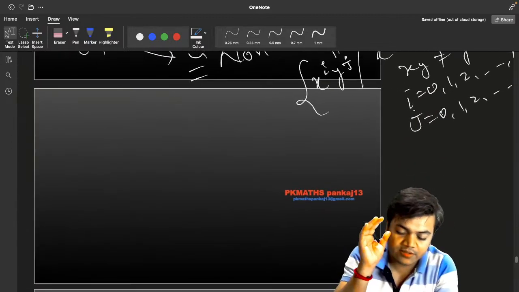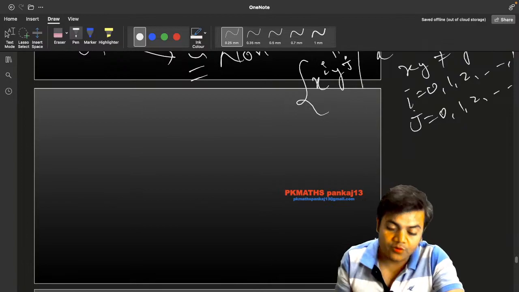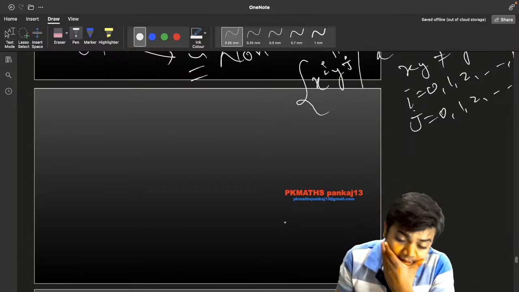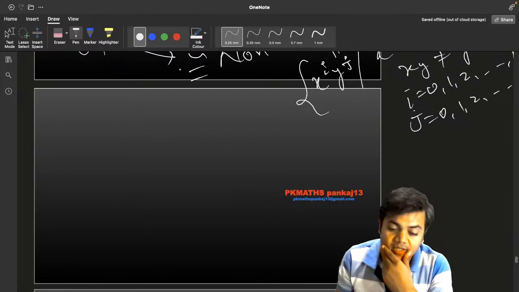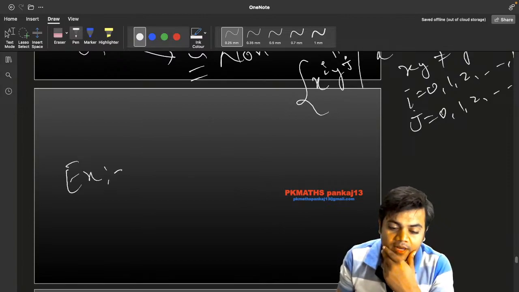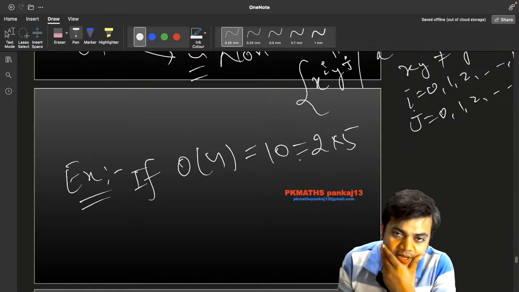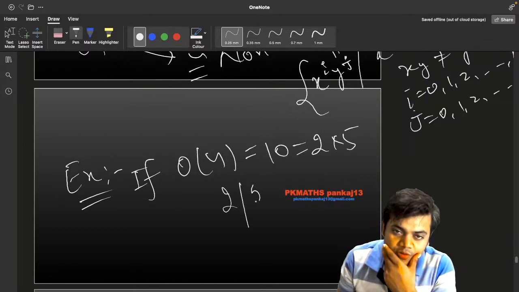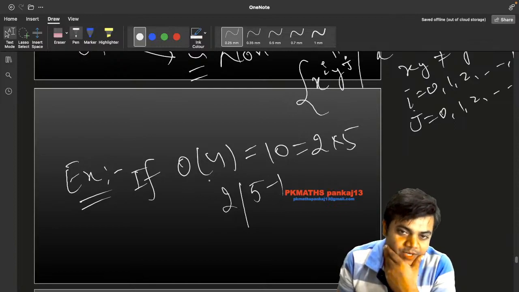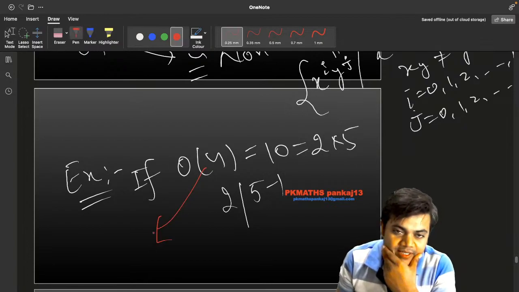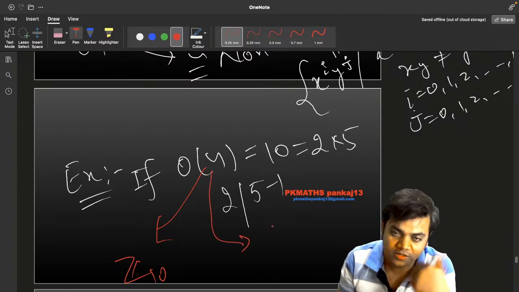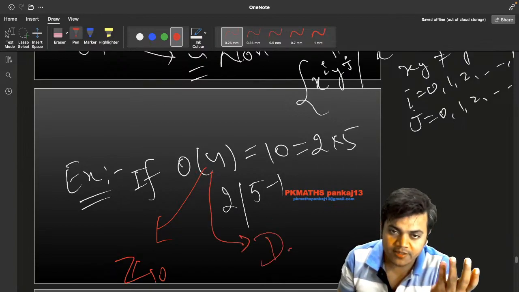Now I would like to ask a question on it. For example, if the order of the group G is 10, then certainly it can be written as 2 into 5, and we can observe that 2 is going to divide 5 minus 1. Then how many possibilities will be there? Certainly 2 possibilities. Either it will be isomorphic to Z10 or it will be isomorphic to some non-abelian group, let's say D5.